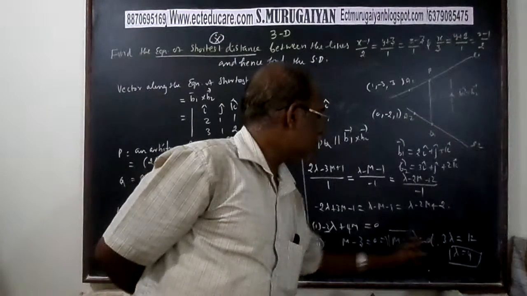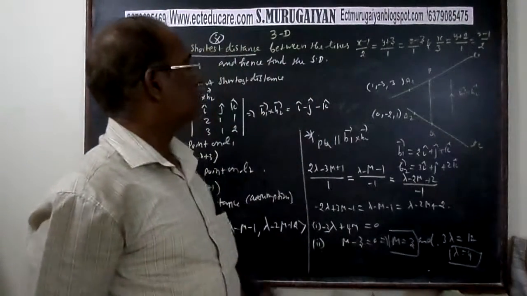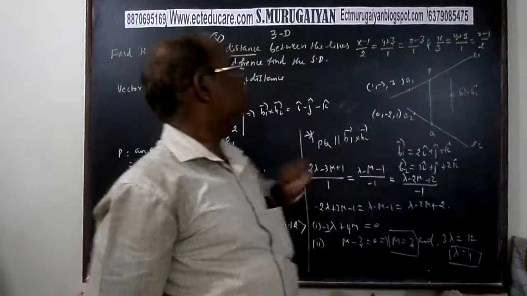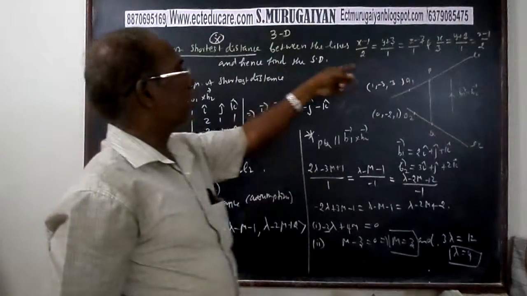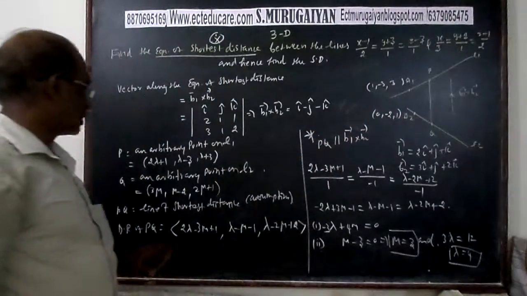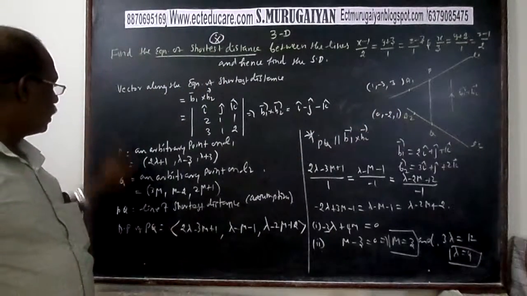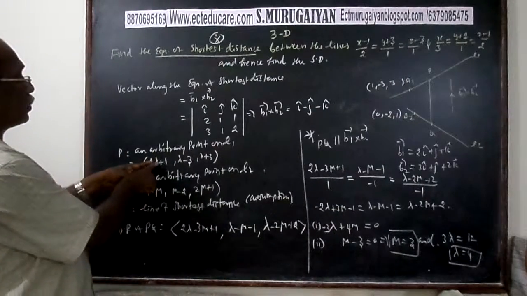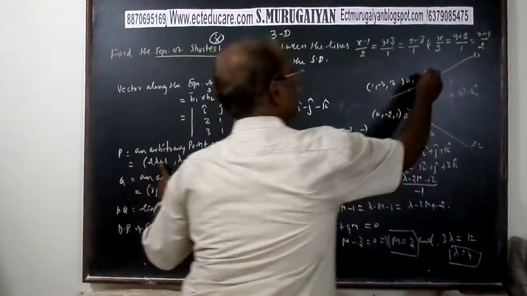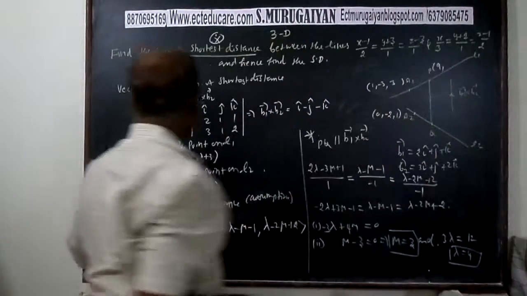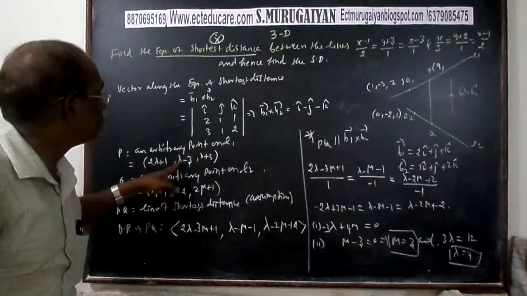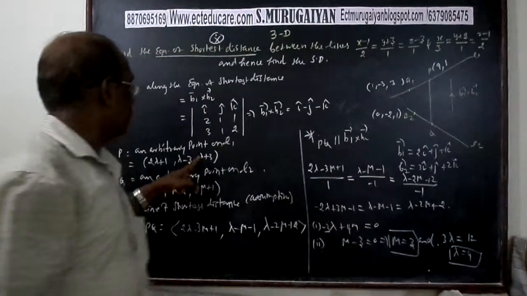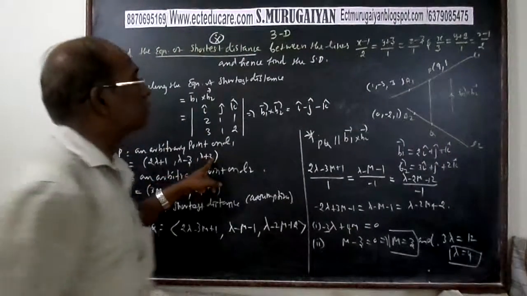For known values of mu and lambda, now we are in a position to get the coordinates of P and Q. What are the coordinates of P and Q? Substitute here for P, lambda equal to 4. 2 times 4, 8. 8 plus 1, 9. Lambda equal to 4. 4 minus 3, 1. Lambda equal to 4. 4 plus 3, 7.